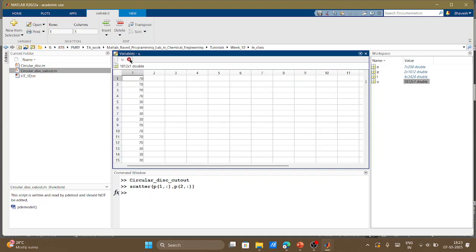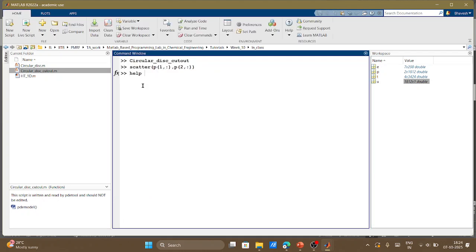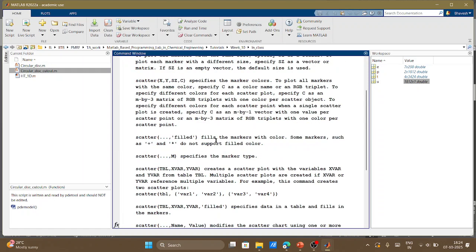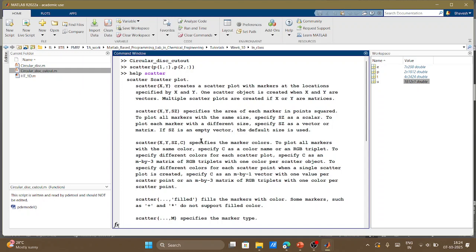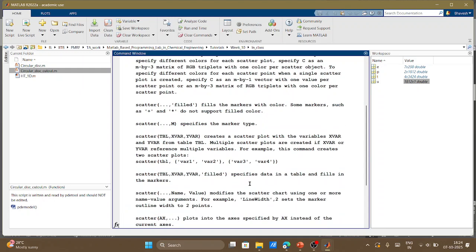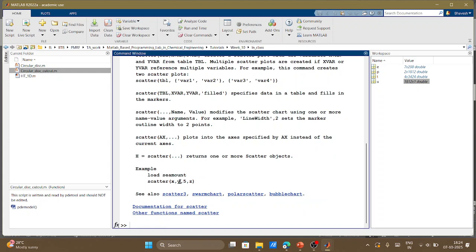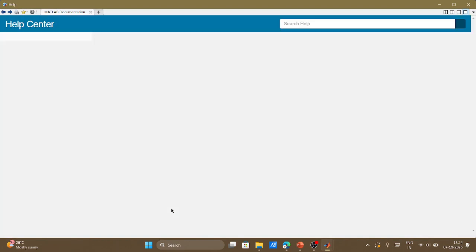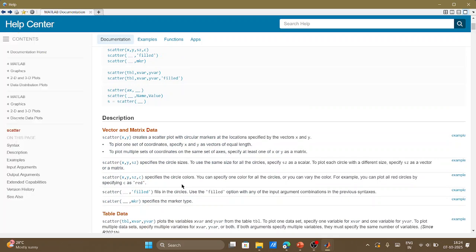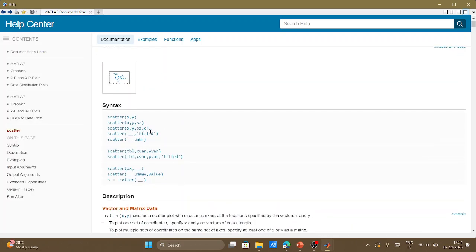In this scatter plot itself, you can further add the value of your u. If I do help scatter, the part I want to show you is scatter x, y, sz, c.